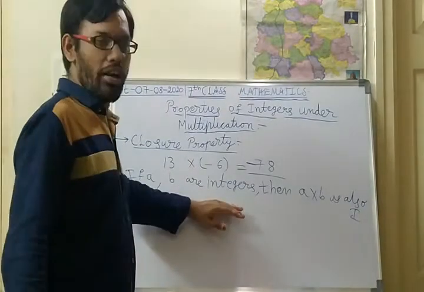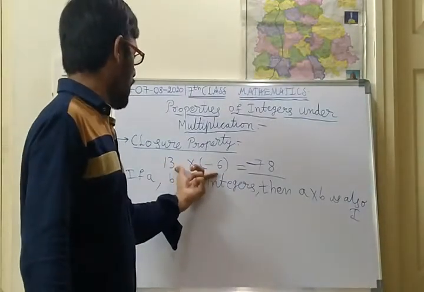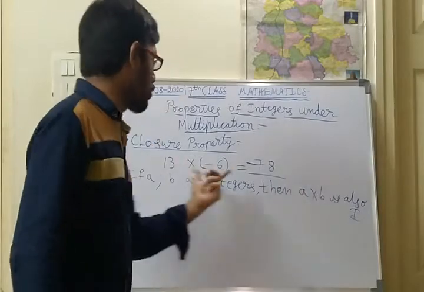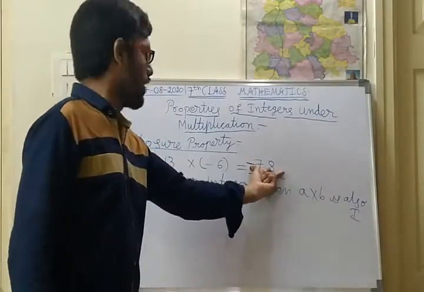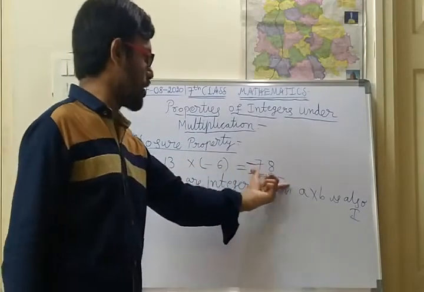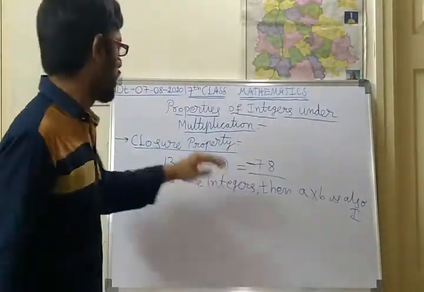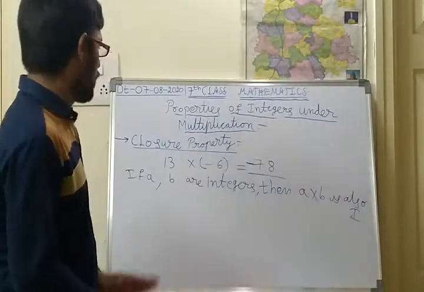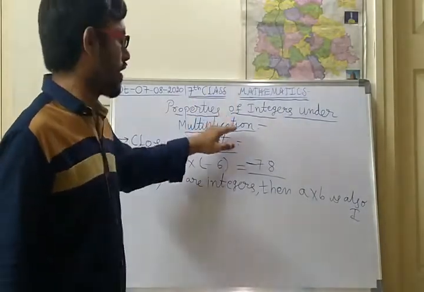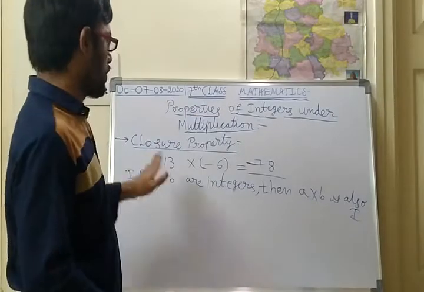The product of these two numbers, whatever the result, is also an integer, then the closure property is satisfied. So closure property is satisfied under multiplication. Like this we can do.